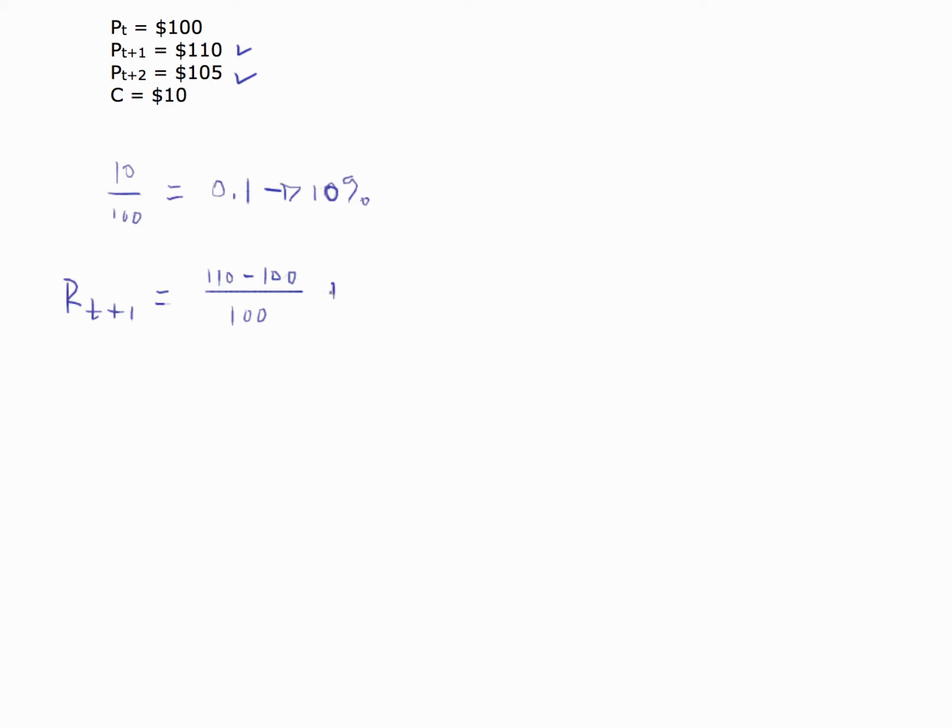So we're going to add this then to the current yield, which will be 0.1. If we do the math, this becomes $10 over $100 plus 0.1, which is 0.1 plus 0.1, or 0.2, which would essentially be a 20% return on the bond from period T to period T plus 1.